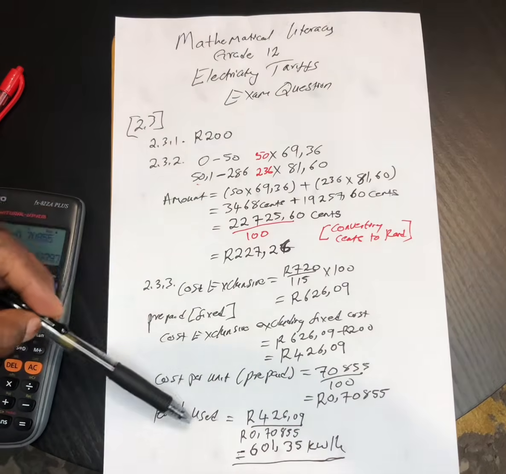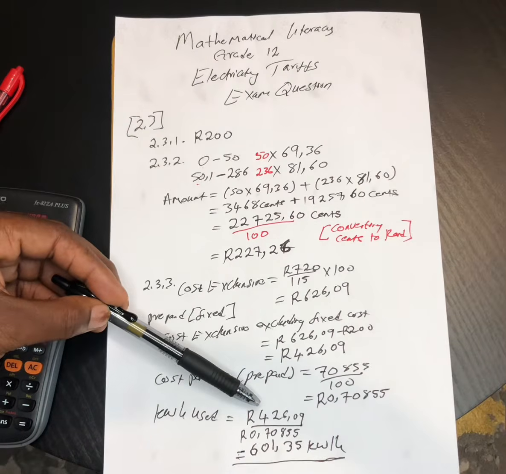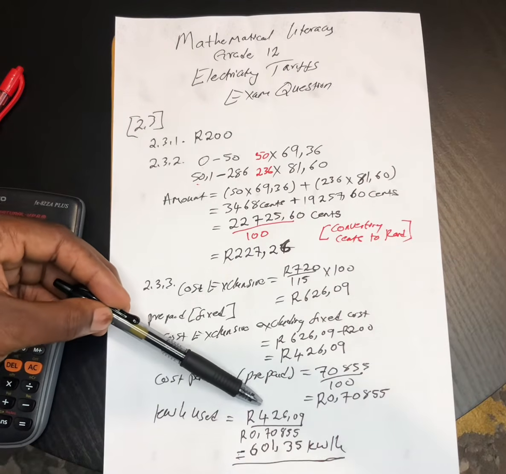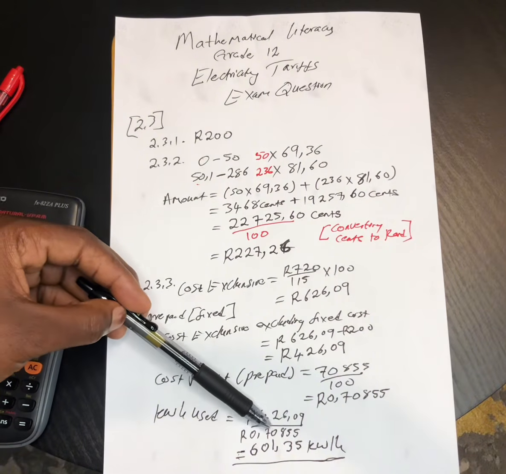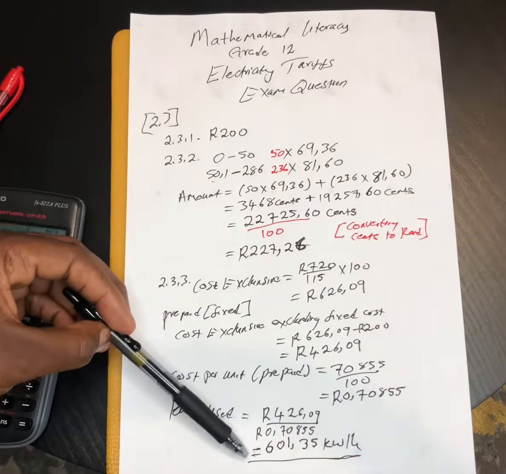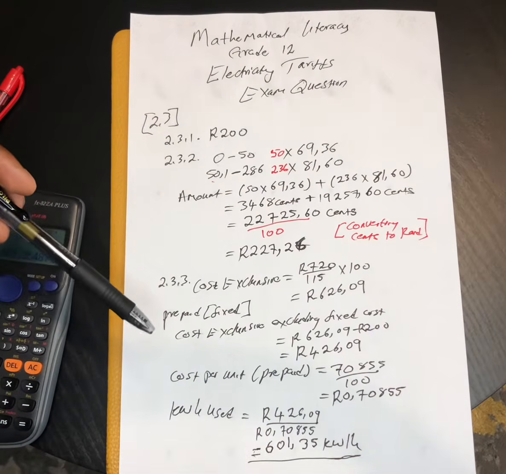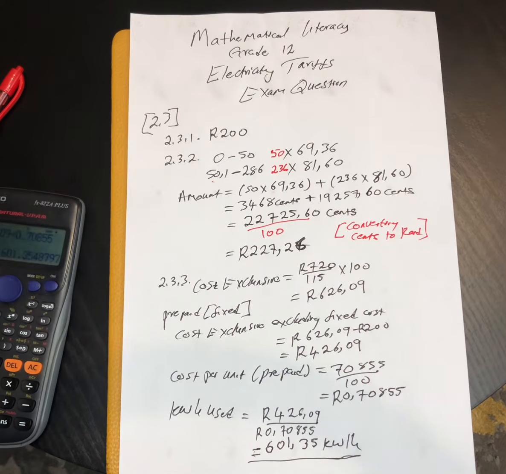Then units to be used is 426.09 divided by 0.70855, which is the cost per unit. Then we find that our final answer is 601.35 kilowatt hours.